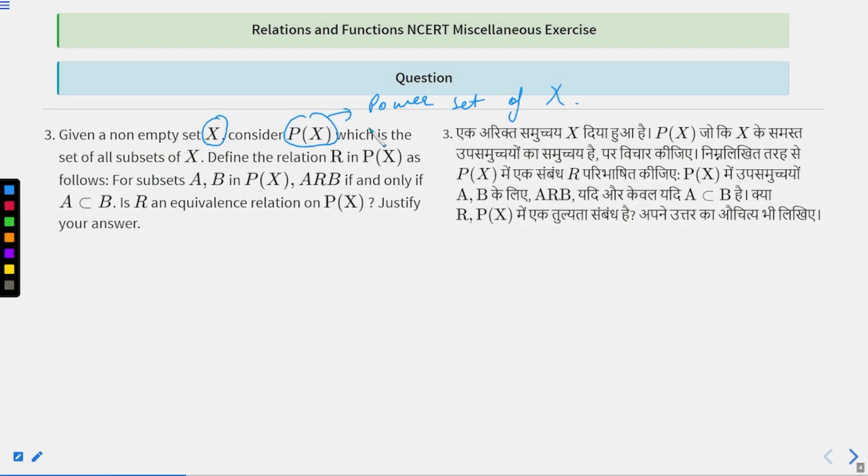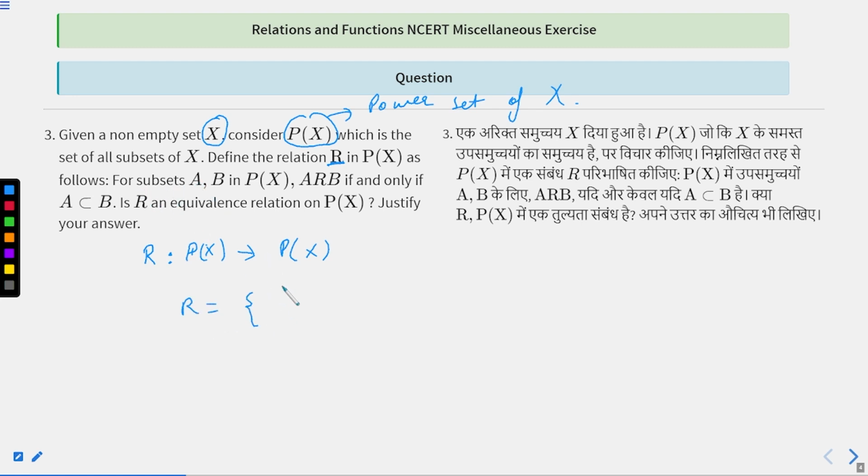So power set, which is the set of all subsets of X. Okay. Now we are going to define a relation R from Px, the power set, to power set as follows. Okay. So my R will be what?